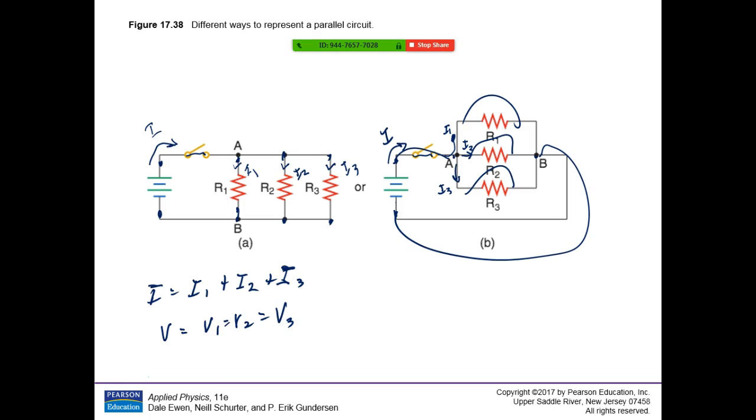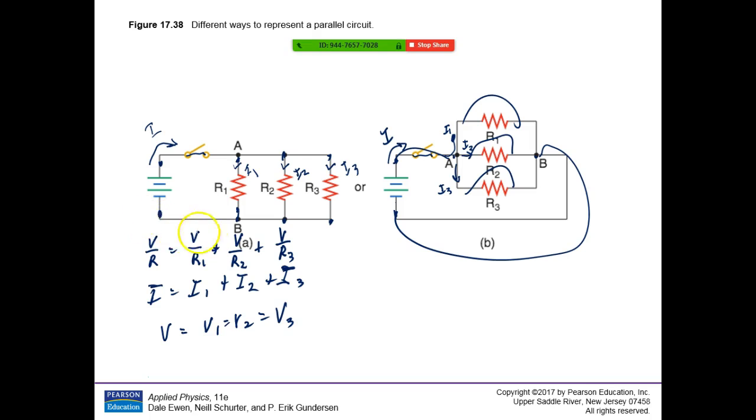If you think about it, current is voltage over resistance, right? And that would be V1, which is still voltage, over R1, added to the current here, V, the same voltage, over R2, which is the same voltage over R3.